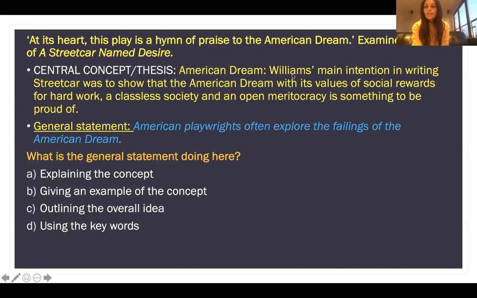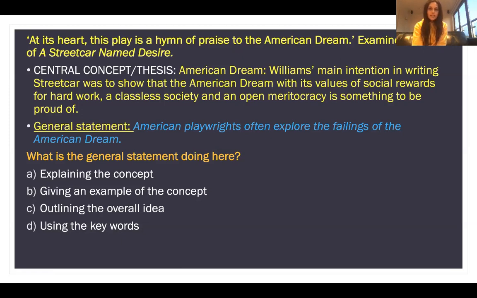And I have paraphrased the question so that I understand it properly for myself. And my paraphrase is this: Williams's main intention in writing Streetcar was to show that the American dream, with its values of social rewards for hard work, a classless society, and an open meritocracy, is something to be proud of.